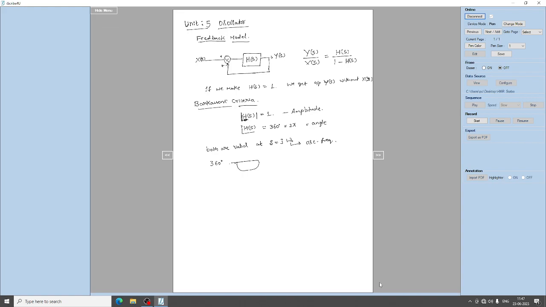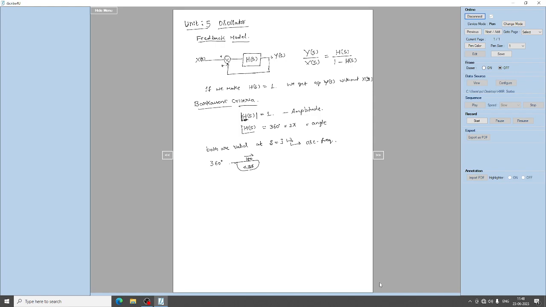So in the feedback circuit, in the forward path you have an amplifier, and in the feedback path you have different types of circuits. Usually the amplifier in the forward path has a DC phase shift of 180 degrees. Okay, the forward path has a DC phase shift of 180 degrees. So you need to provide an additional shift of 180 degrees in the feedback path.